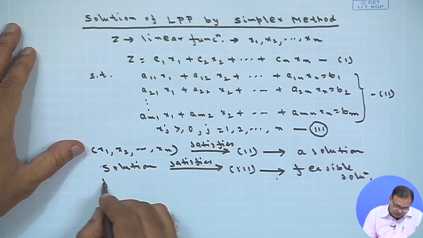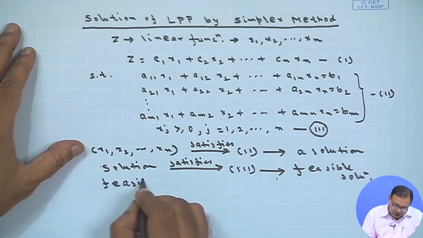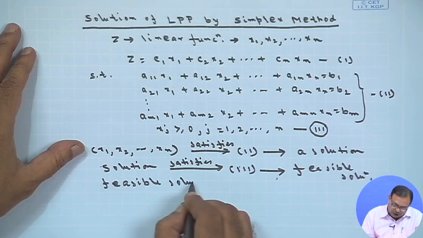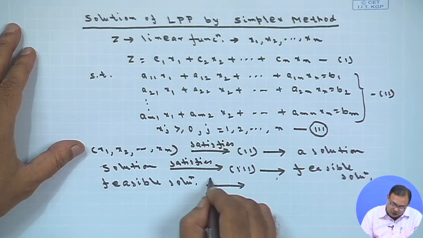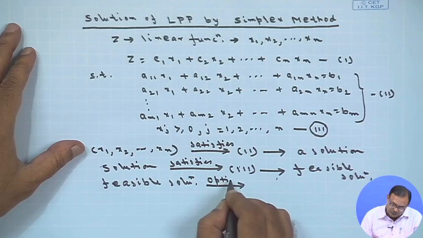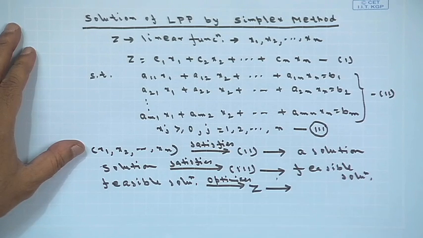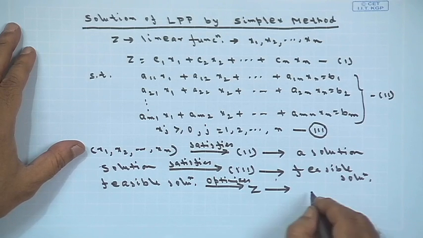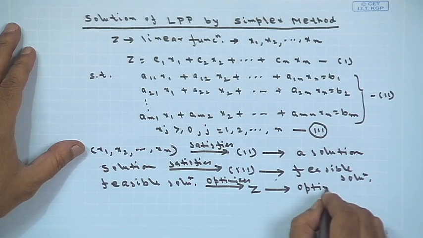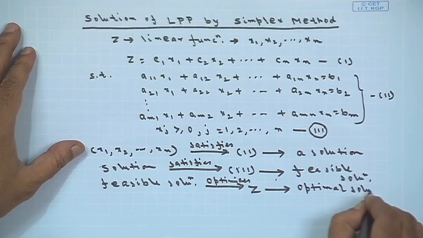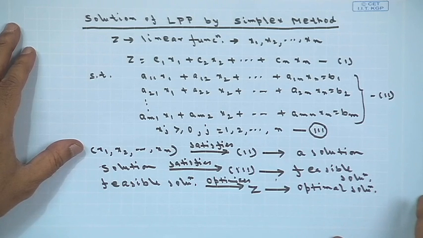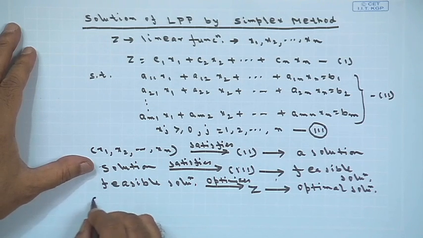Now, whenever you are having a feasible solution, if this feasible solution optimizes the objective function z, then we call it the optimal solution. Please note this one: whenever a feasible solution optimizes the objective function z, it is an optimal solution.